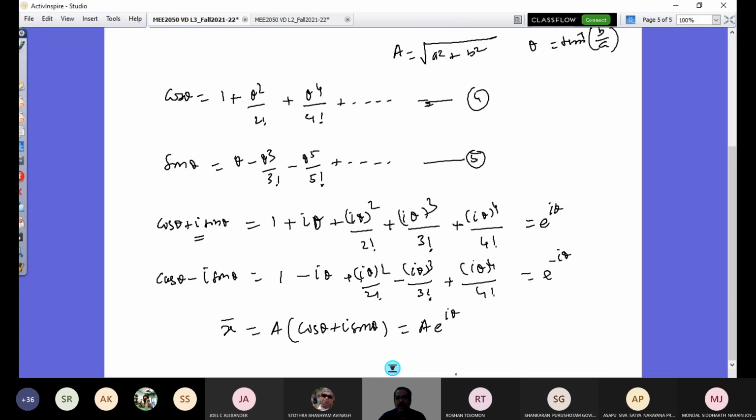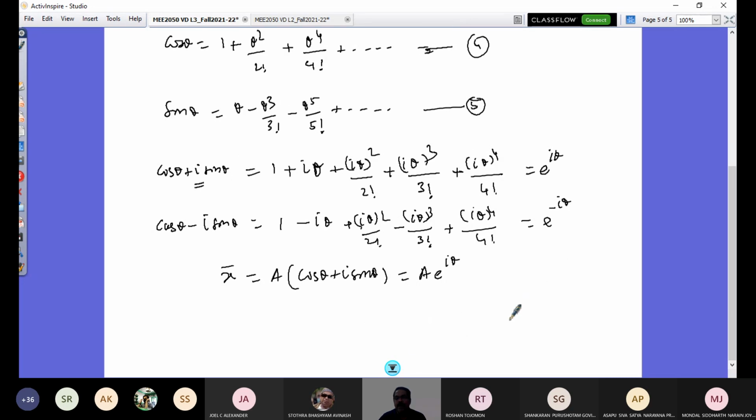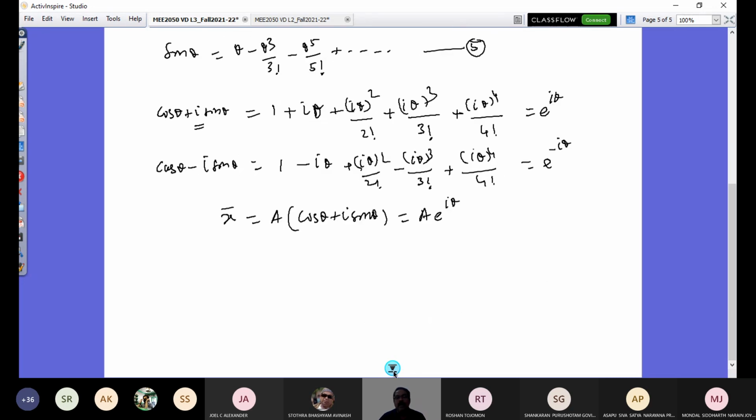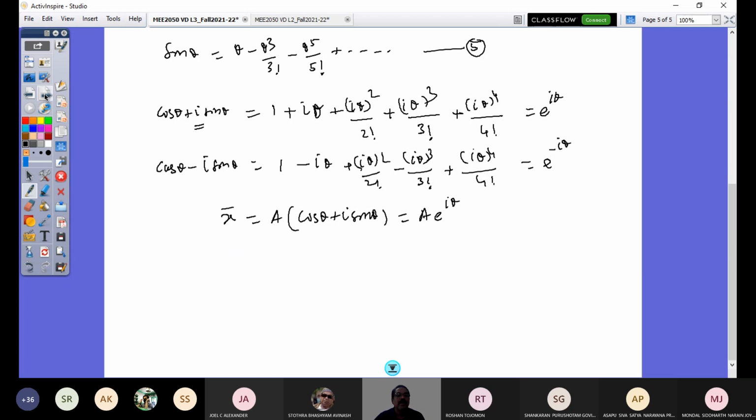And you also know some of the operations of this complex algebra. So you know how to add two complex numbers, how to find the difference between two complex numbers, product of two complex numbers, division of two complex numbers. So I leave it to you to go through all that. What we have to understand now is the addition of two rotating vectors, right?